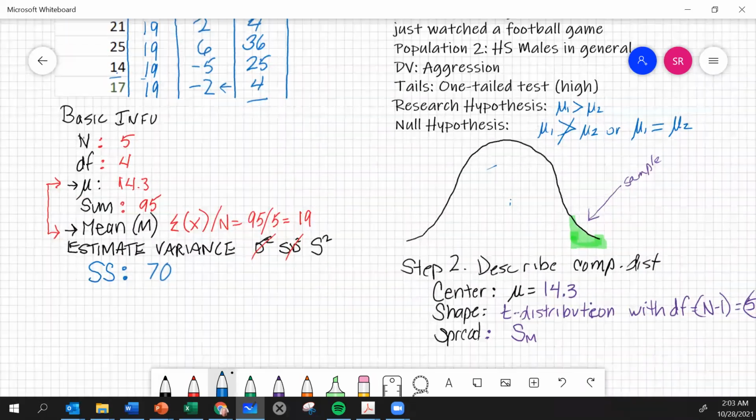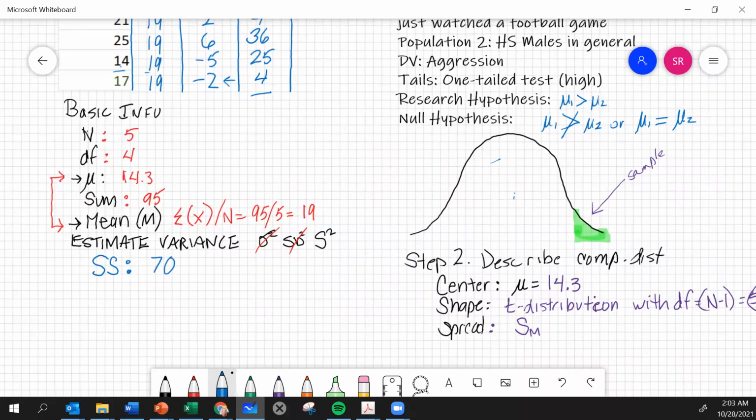Here is the one point where we need to estimate. To get the estimated variance, we take the sum of squares and divide by degrees of freedom. That equals 70 divided by n minus 1, which is 4.